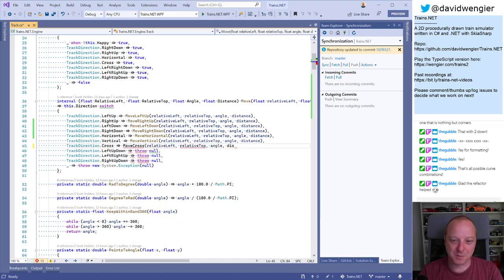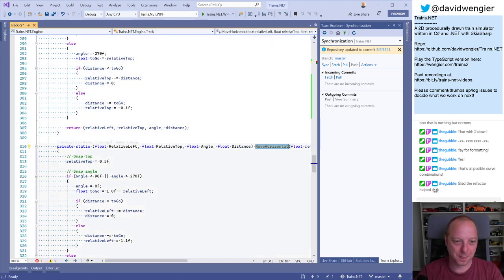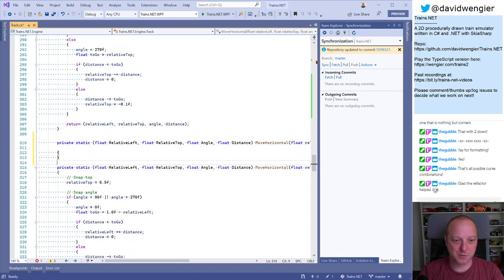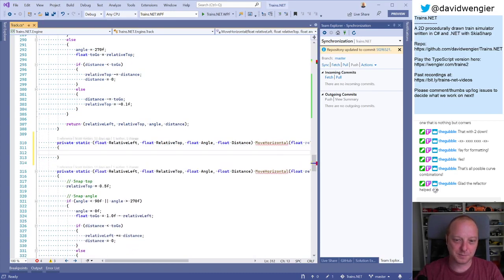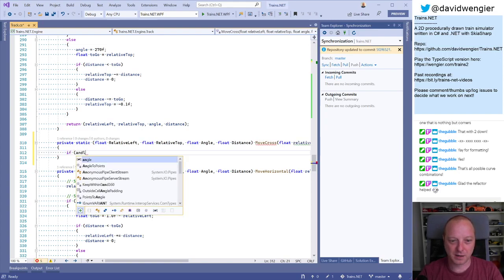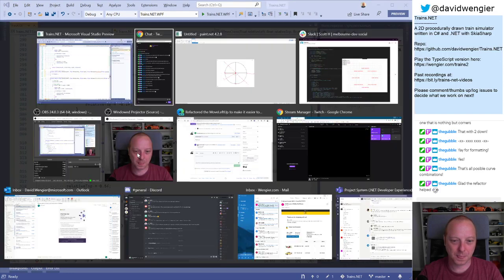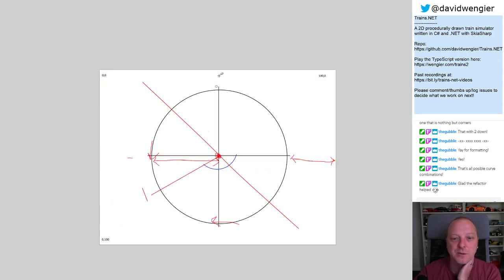Because a move cross, in theory, so let's go to here. A move cross should work out the angle we're coming in, and then pass off to either move horizontal or vertical. So, we've got vertical train.